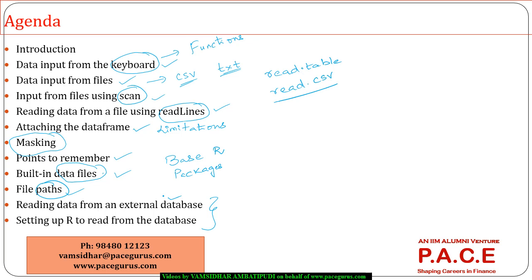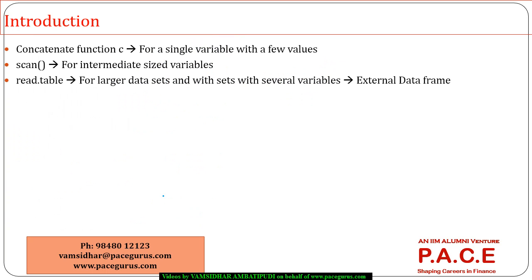So we'll take the help of an Access database and try to see how I can really read the data from it. So these are the different kinds of ways in which you can get the data input from external sources into R. The whole session is dedicated towards that aspect.